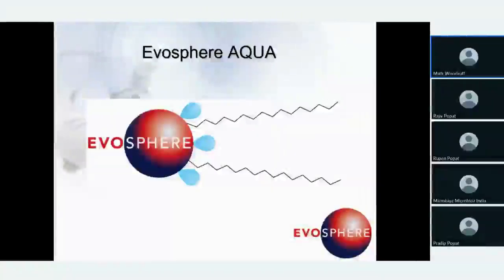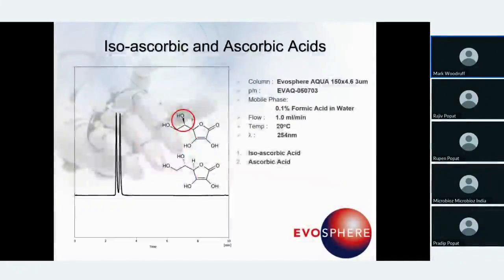If you have more polar analytes, then one of the stationary phases that we've made is a C18, but with a polar end cap. So this is the EVOSPHERE Aqua. This can also be used in 100% aqueous mobile phases. So if you're looking at compounds that are very, very polar, in this case isoascorbic acid and ascorbic acid, we can run a 100% aqueous mobile phase.